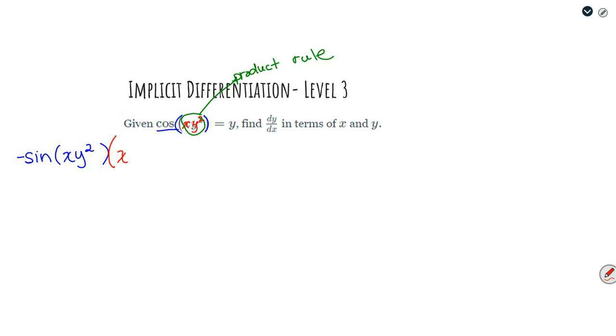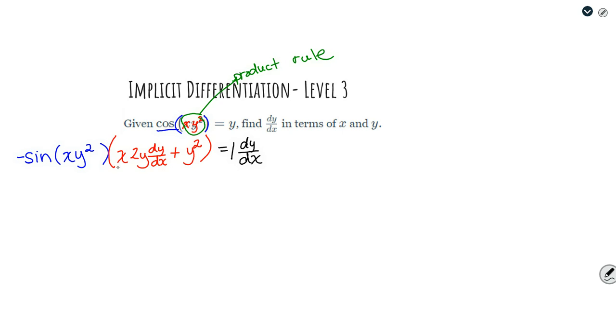So first, the derivative of y squared would be 2y dy/dx, plus the second, y squared, times the derivative of the first, which is 1. First times the derivative of the second plus the second times the derivative of x, which is 1. Have my dy/dx because I took a derivative of a y. Equals the derivative of y is 1, but I took a derivative of y, so I need dy/dx.